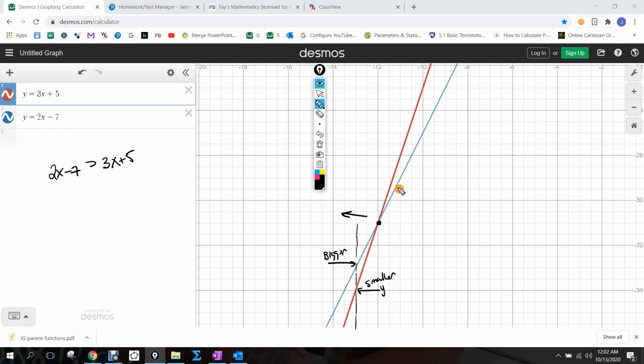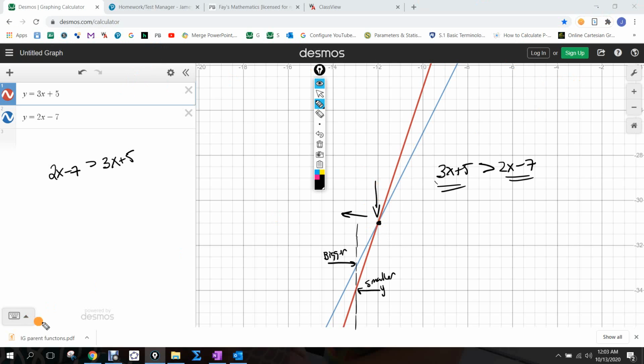And over here to the right, 3x plus 5 is the one that's bigger than 2x minus 7. I'm saying that the y values expressed through this quantity, when I know what x is, are greater than this one here when I'm choosing a value to the right of that intersection point.